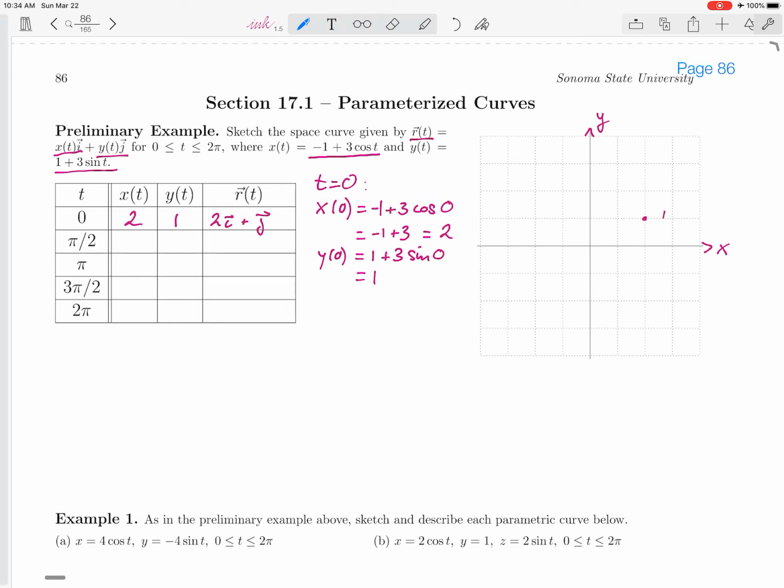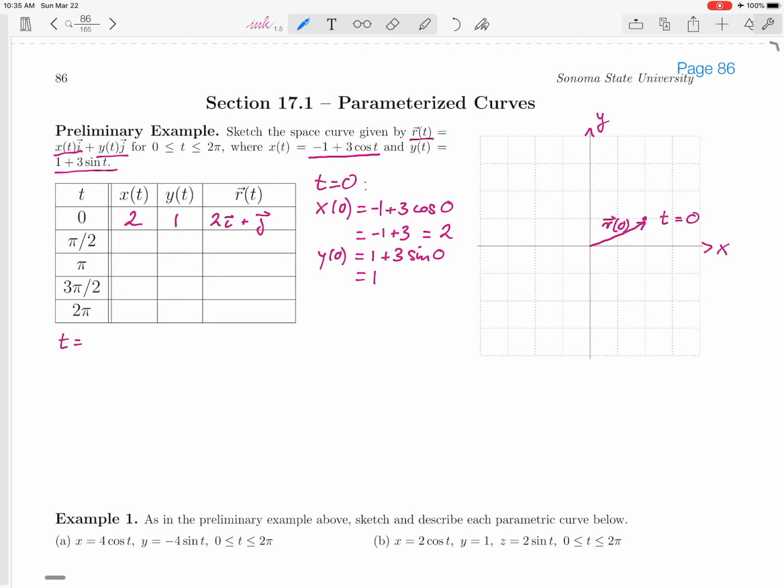And so this is where the particle is at t equals 0, and the vector r of t is the vector pointing from the origin to that point in the xy plane. So this vector right here is r of 0.